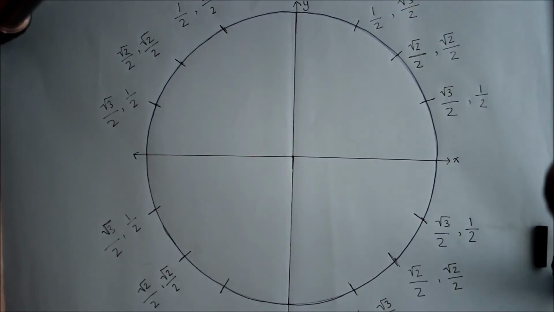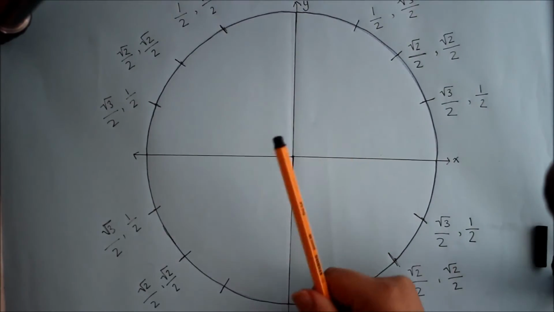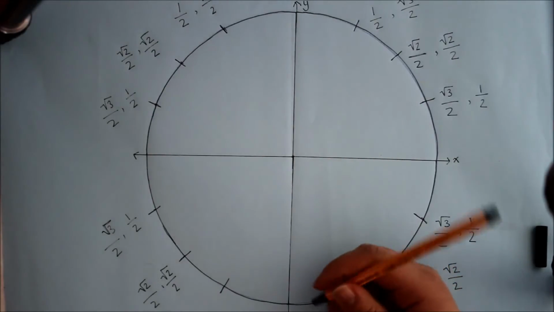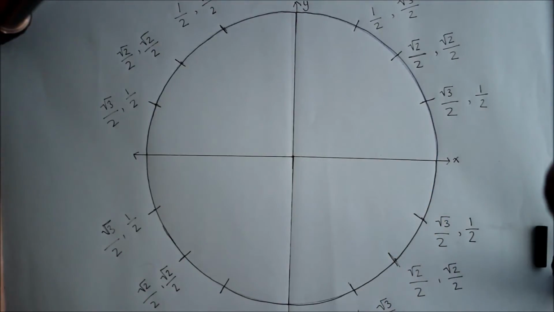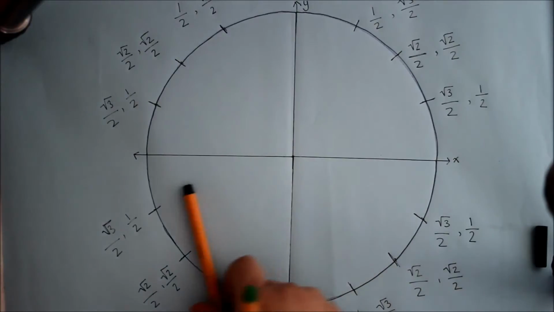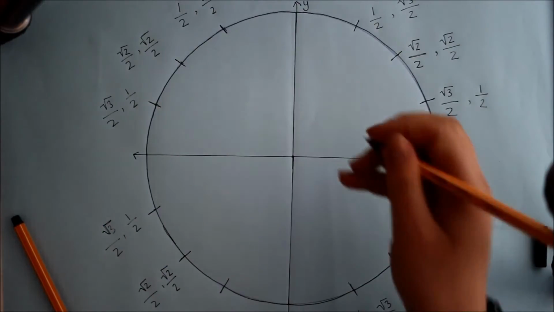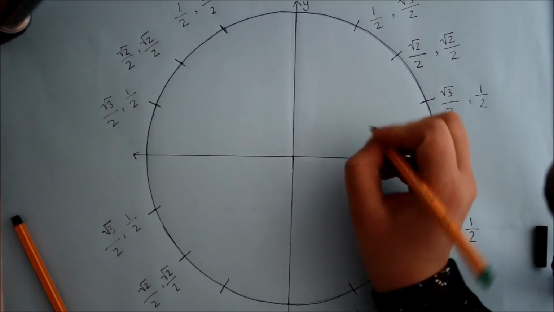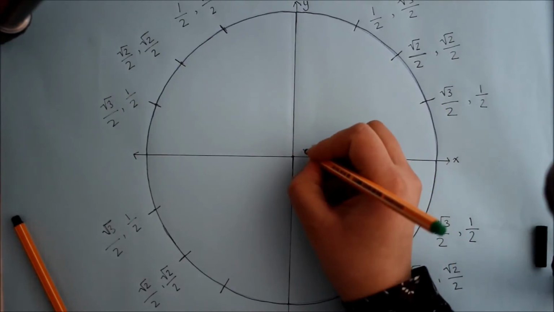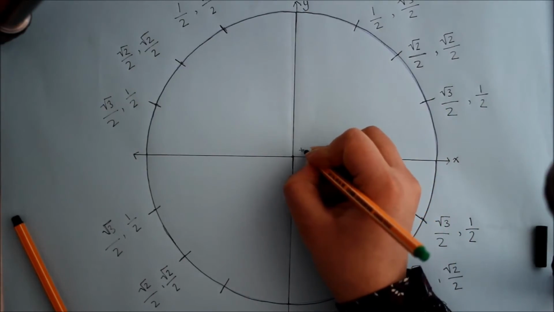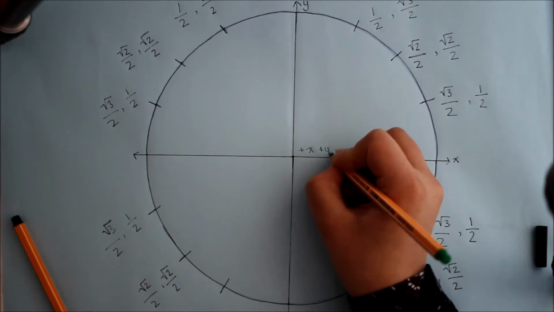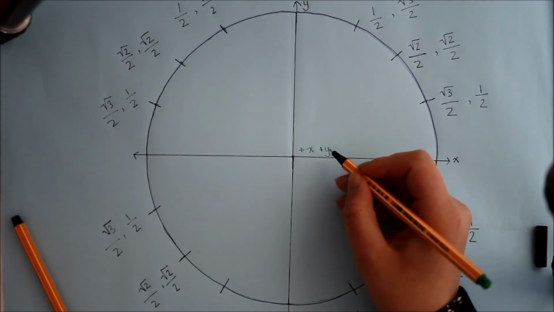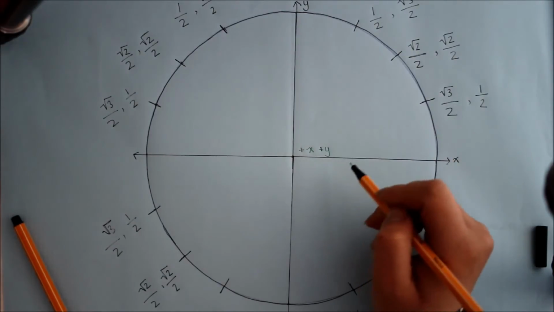Now, of course, we have positive and negative values. What I like to do is not put the minus and plus values in the beginning. I like to do that at the end, so I don't make any mistakes. But just to make sure, I write whether the x value and y value are going to be negative or positive in each quadrant.